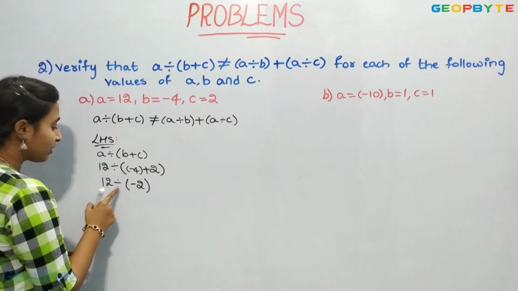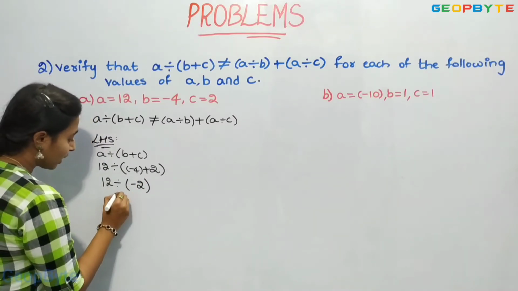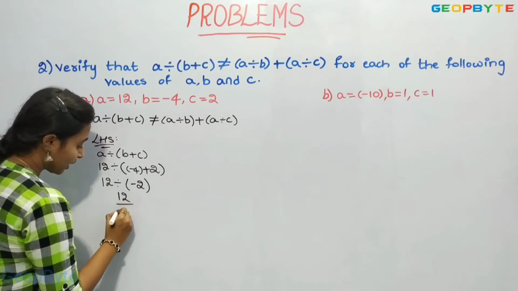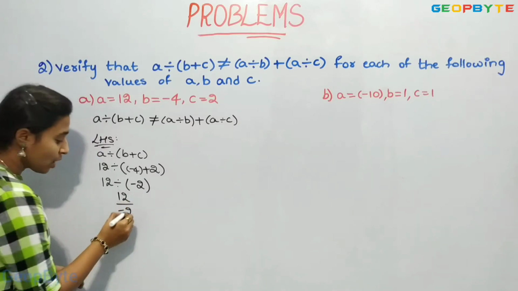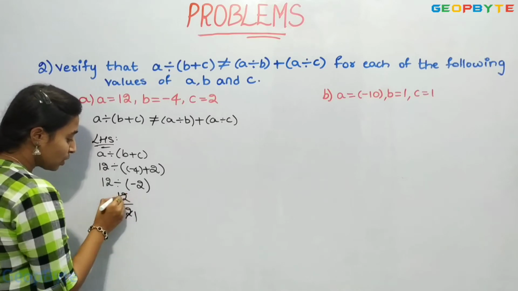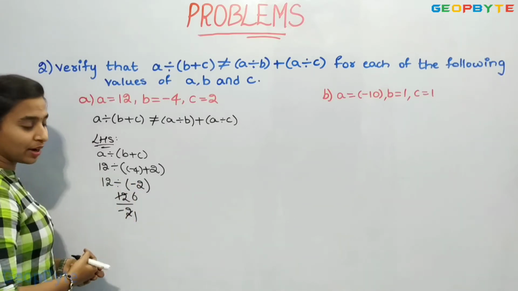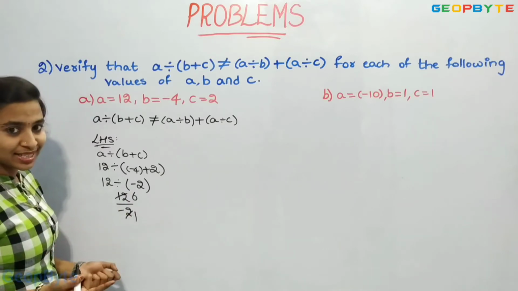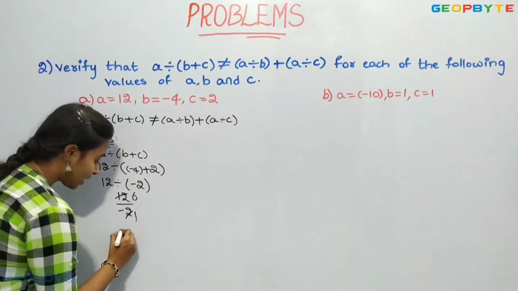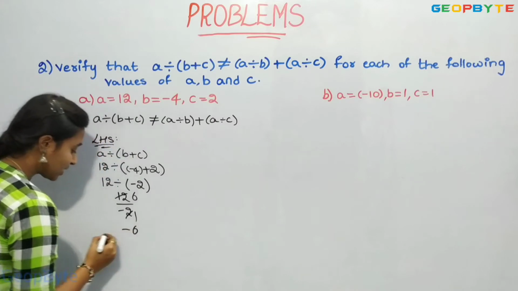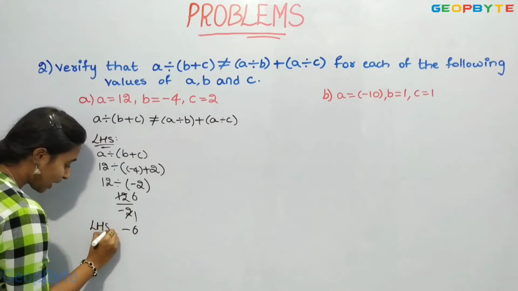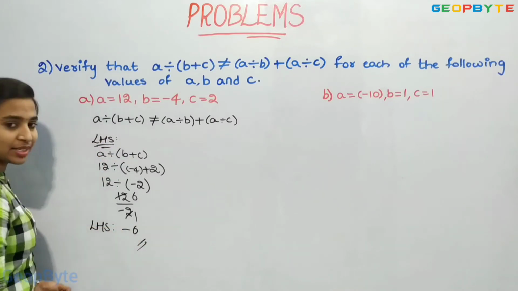Right? Now we have 12 by minus 2. We can also write 12 divided by minus 2. 2 ones are 2. 2 sixes are 12. We have 6 by minus 1. 6 by 1 is 6. We have the minus sign, that is minus 6. We got LHS as minus 6.